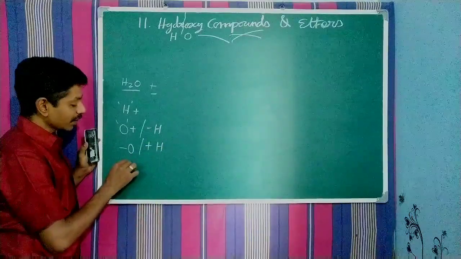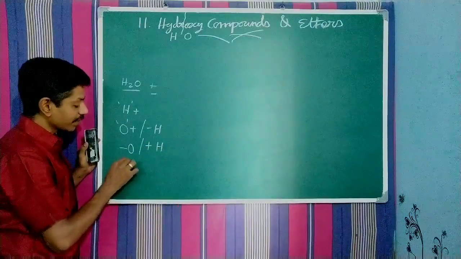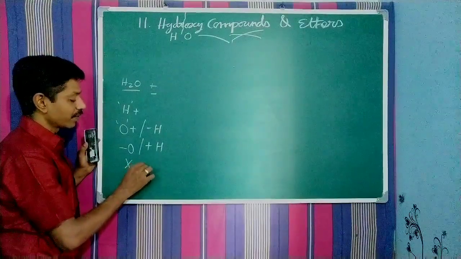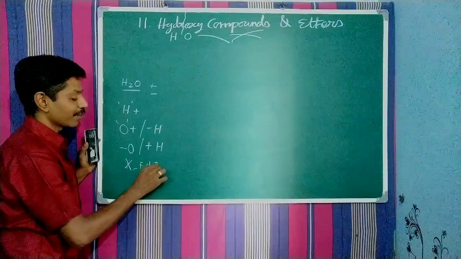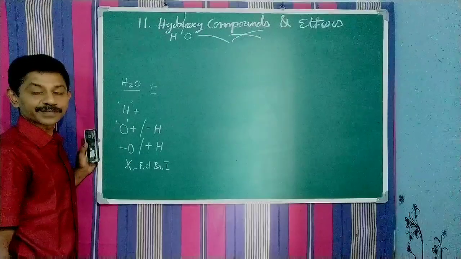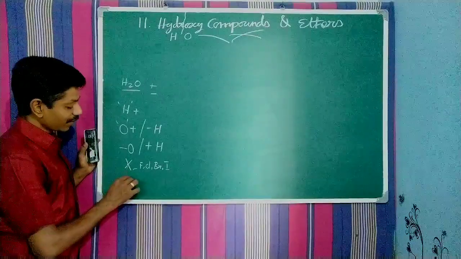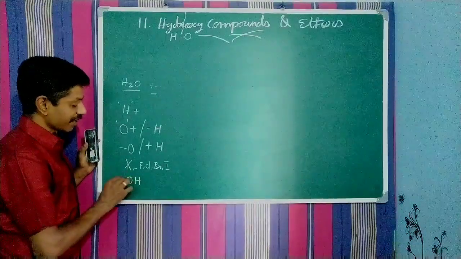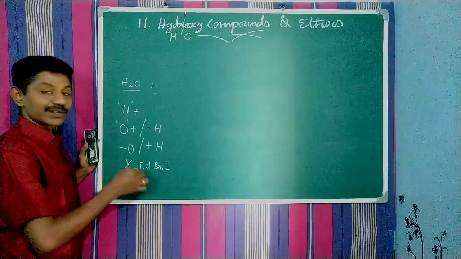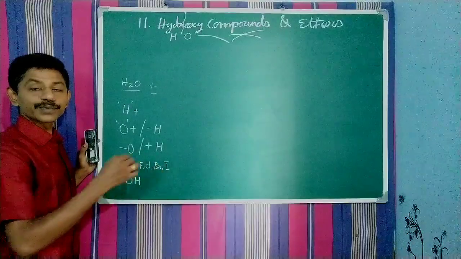Or they may talk about halogenation, meaning adding halogens like, as I told you just now, fluorine, chlorine, bromine, iodine. They may talk about hydroxylation, addition of an OH group, and dihydroxylation, where two OH groups are added.